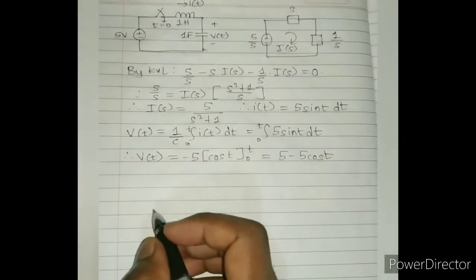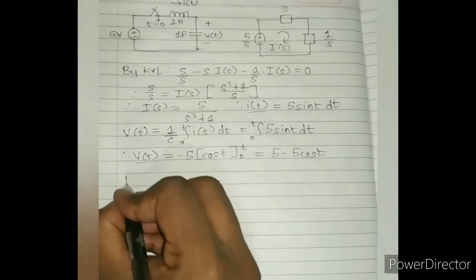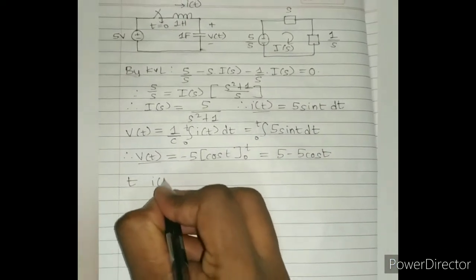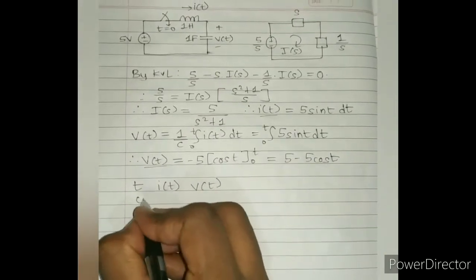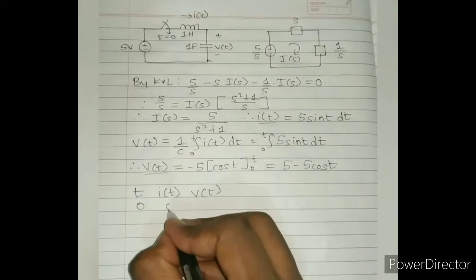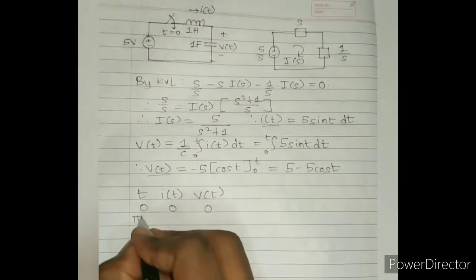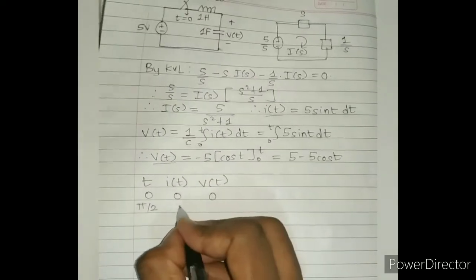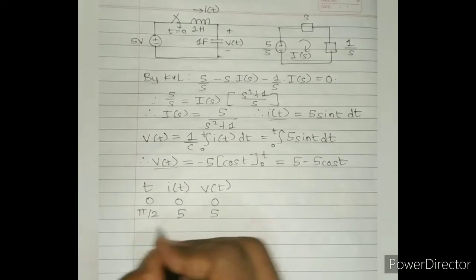Now let's make a table of current, voltage and time. So t, I of t and v of t. For t equal to 0, phi sin 0 is 0. For t equal to 0, v of t is 0, phi minus phi 0. Now pi by 2. For pi by 2, I of t is 5 and v of t is 5.